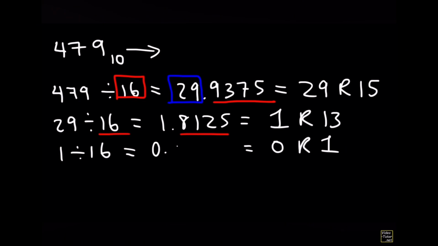But if you did it, if you take 1 divided by 16, that's 0.0625, and when we multiply that by 16, it will give you 1. So, focus on these numbers: 1, 13, and 15.